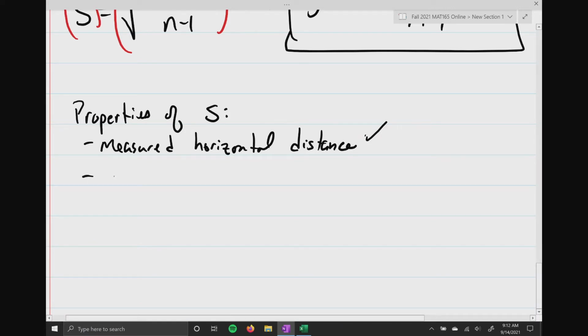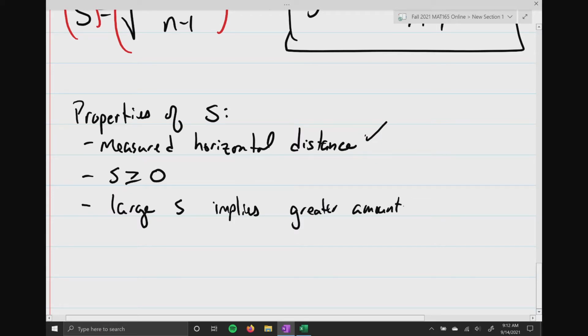The standard deviation is always greater than or equal to 0, which means it's positive. A large S implies greater amounts of variation. It is very sensitive to outliers.